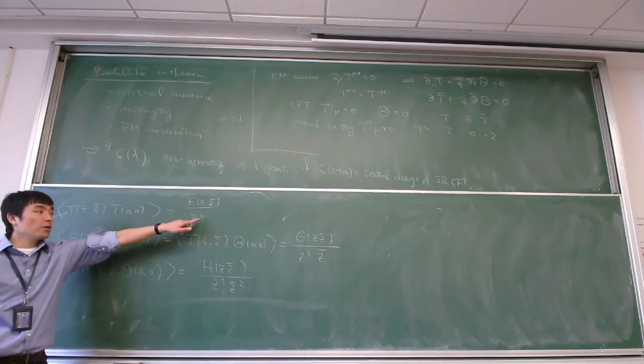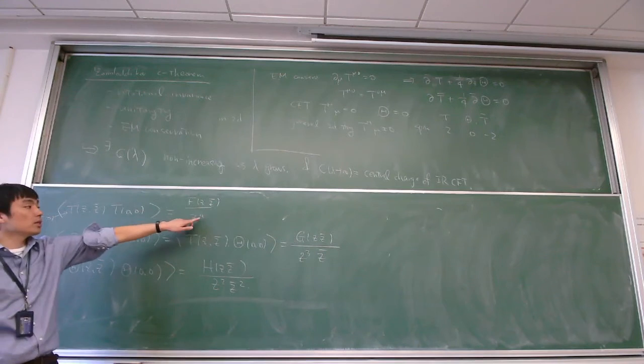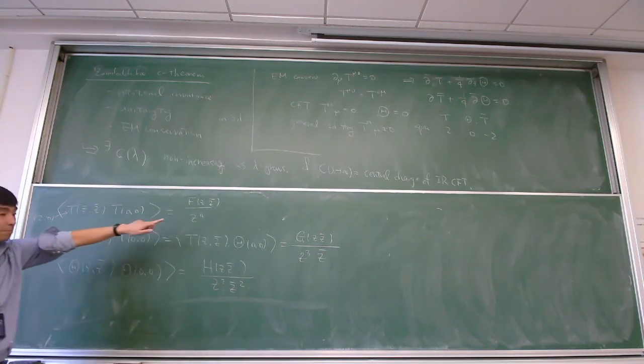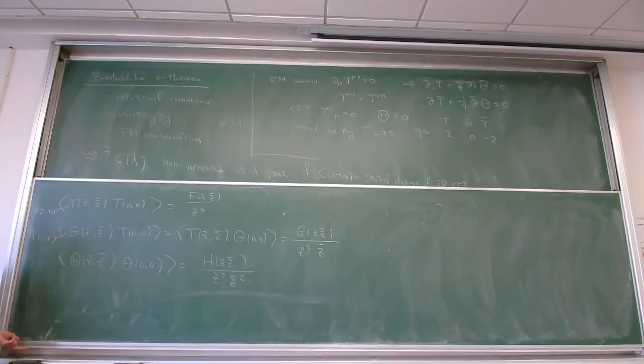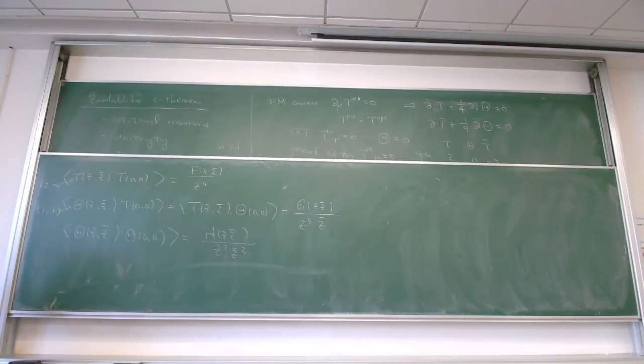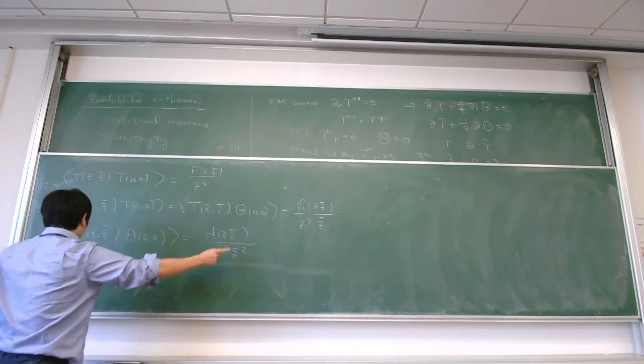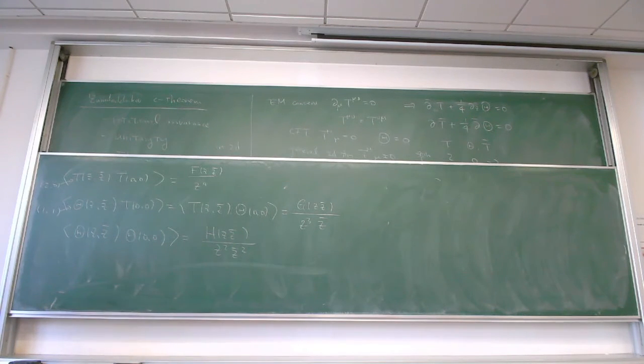This guy has scaling dimension, holomorphic and anti-holomorphic. Therefore, this denominator power should come from the scaling dimension of the T operator. And then, since we assume the dependence of the correlation function is rotationally invariant, the numerator should only depend on the radius.